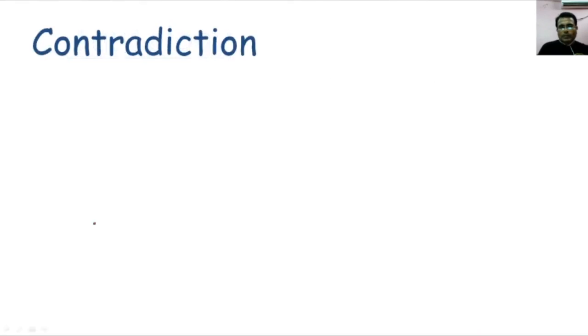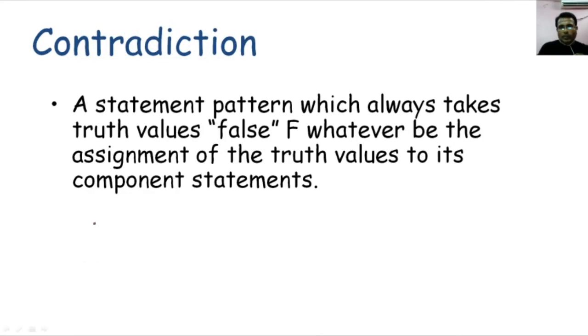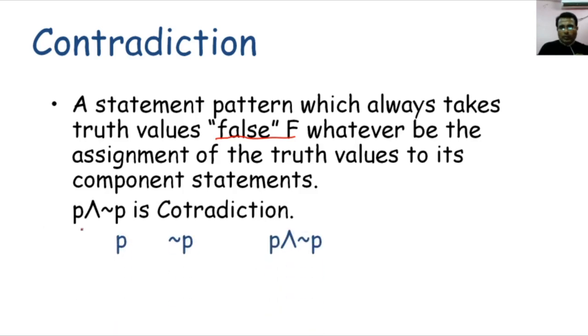Next concept is the concept of contradiction. Here it is exactly opposite. If the final values are all false, whatever may be the other combinations, then such a statement pattern is called a contradiction. So P and negation P is always a contradiction. You have this type of table of values.